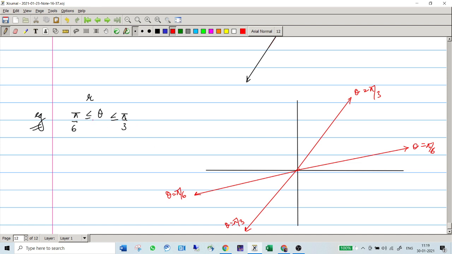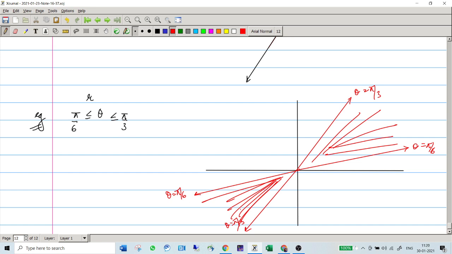So you have your theta between pi by 6 and pi by 3, meaning theta can be anywhere here or anywhere here as well, because theta has to be between pi by 6 and pi by 3. We are now considering every single part. And no matter whatever r you take, theta can be between pi by 6 and pi by 3 only. So we can travel as many units as we wish, but between these two lines only, and in the other direction as well.